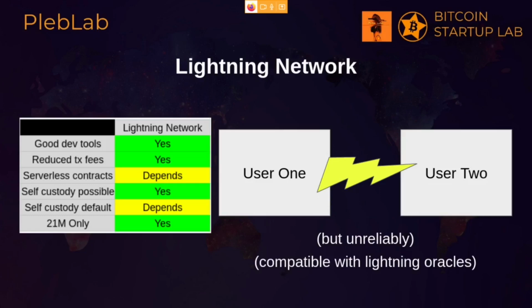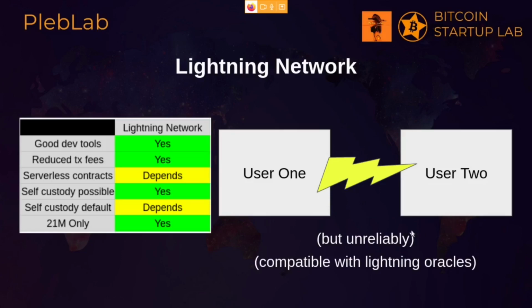You do get reduced transaction fees in comparison to Bitcoin because of the way Lightning works: you have a channel, which is a multi-signature Bitcoin address, and a bunch of transactions happen internally in that channel that aren't reflected on the base layer. The moment you create one of these, you have to do one Bitcoin transaction, but then you get an infinite number of Bitcoin transactions you can do within that channel, and they're not reflected on chain, so they don't cost anything, which is really nice.